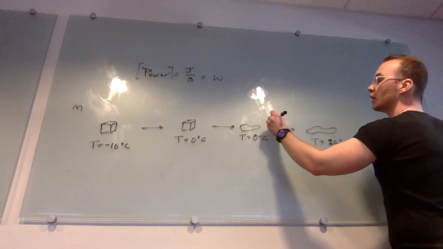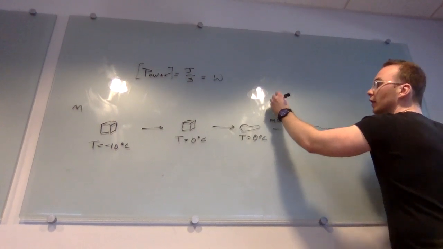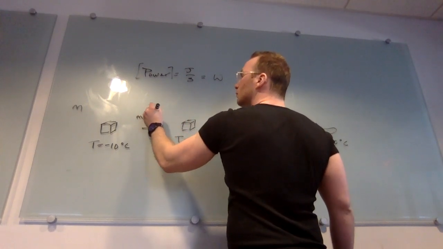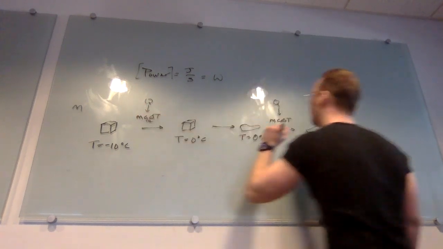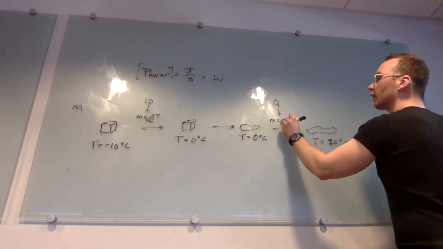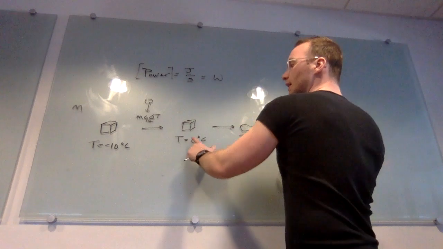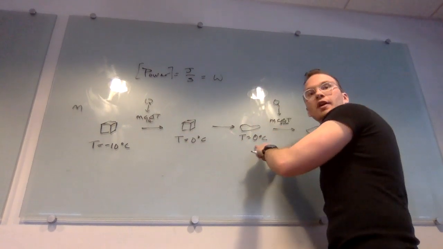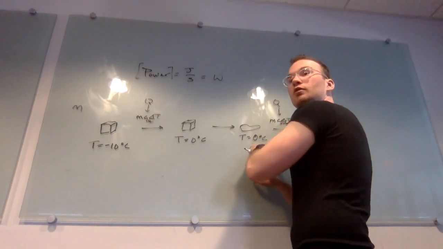We would just use mc delta T. This is how much heat is required. We have to use C ice here, and C water here. That's just how you raise temperatures of things. We can get ice at 0 degrees Celsius, and we can get water at 0 degrees Celsius, but to get between them, it's not instant.